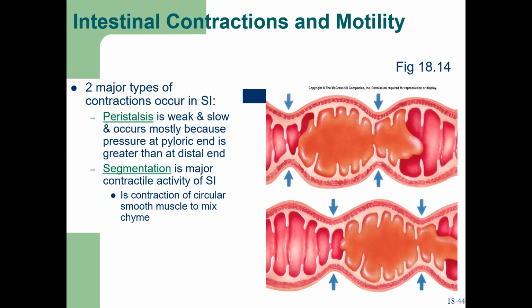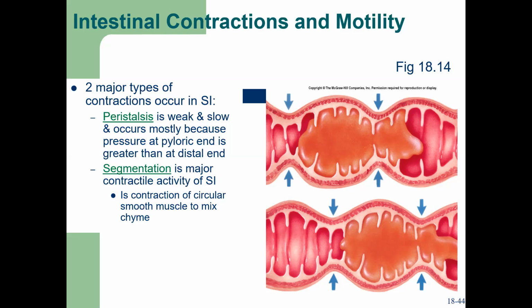There are peristaltic contractions, which occur because the pressure at the caloric end is greater than the pressure at the more distal end. And then segmentation, which is contraction of that circular smooth muscle in order to move the food bolus along.